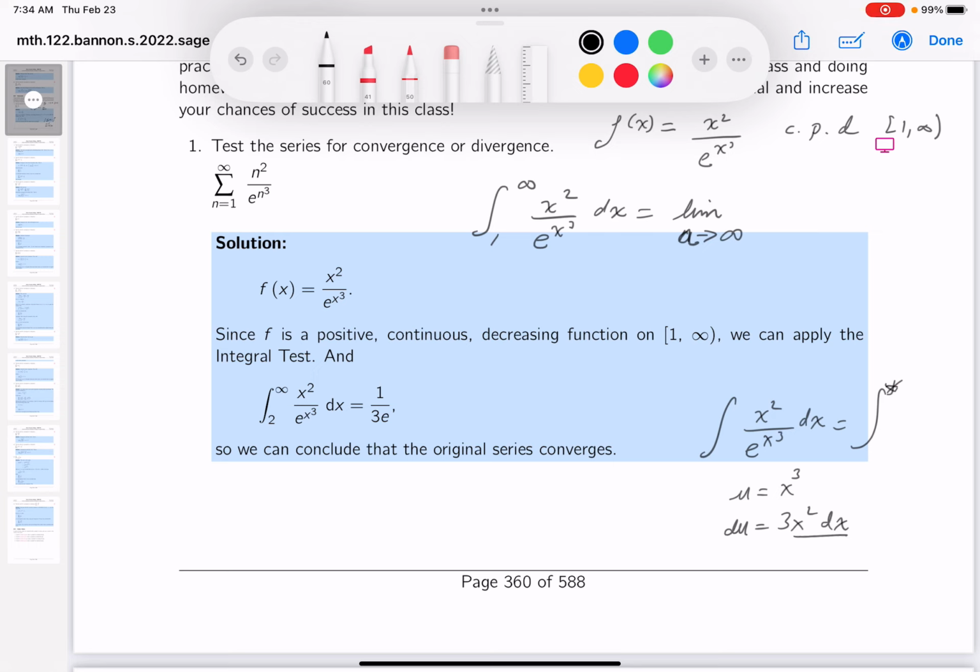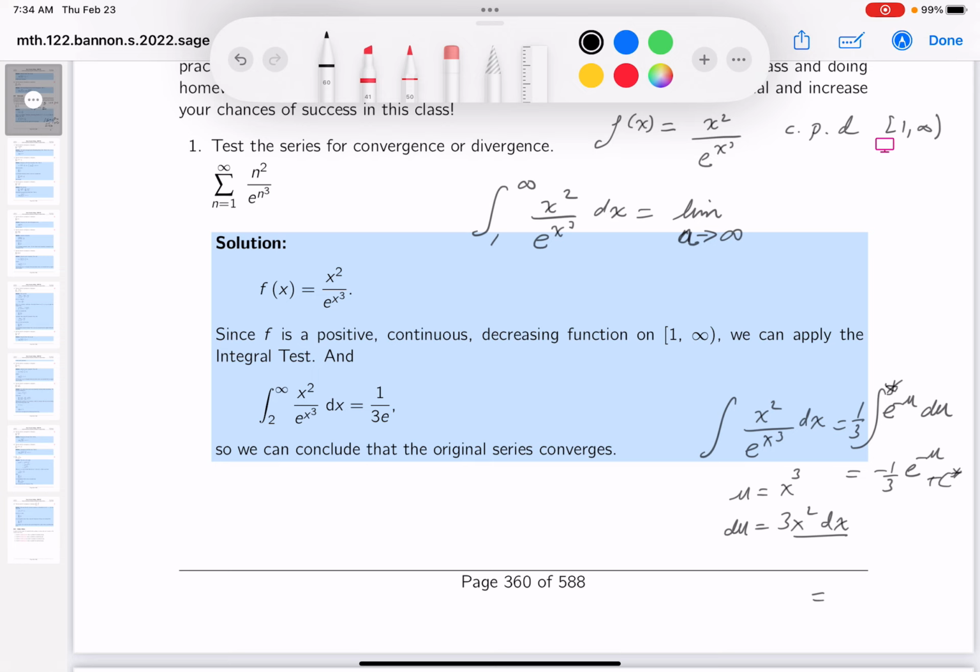And x squared dx is 1/3 of a du. And then I get, let's see, e to the minus u. I can integrate that, and what do you get? Well, you get minus 1/3 e to the minus u. And by the way, there's a plus c over here.